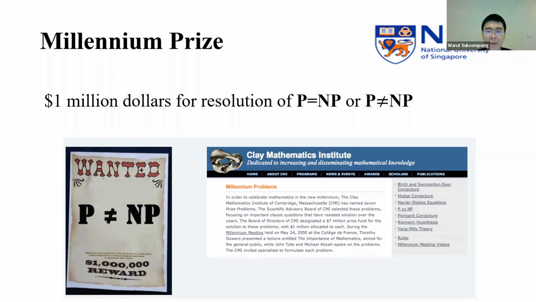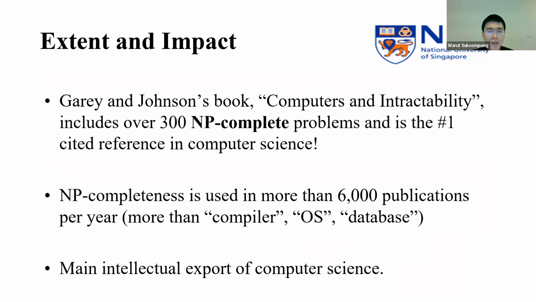And since there are many of these problems, and no one knows any polytime algorithm for any of them, it seems unlikely that there are polytime algorithms for these problems. So that's why most people believe that P is not equal to NP. So no one knows the answer for sure.